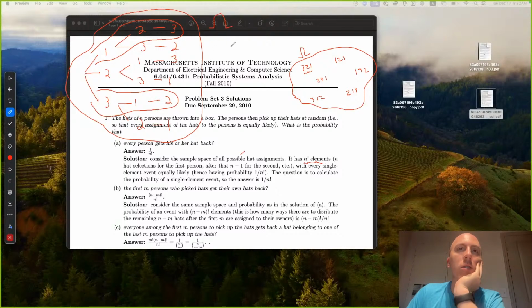The number of leaf nodes, we're kind of doing out the tree. There's n nodes here, there's n minus 1 here, there's n minus 2 here.